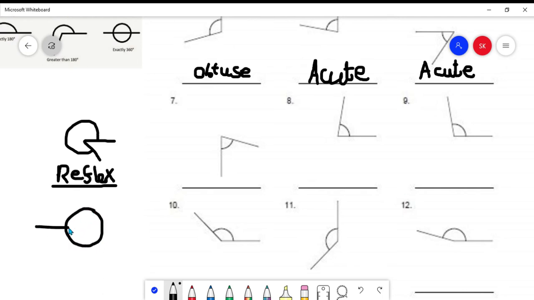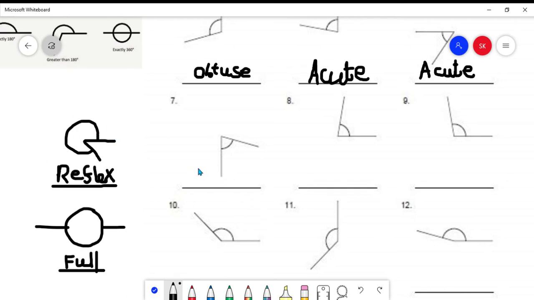And then a full circle. So just in this worksheet there aren't any reflexes or full angles, but I've kept them on here.